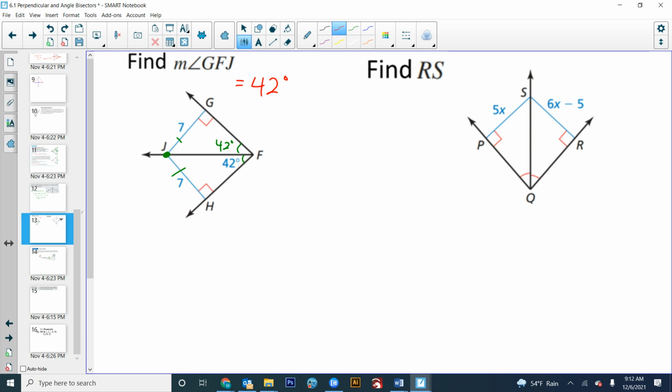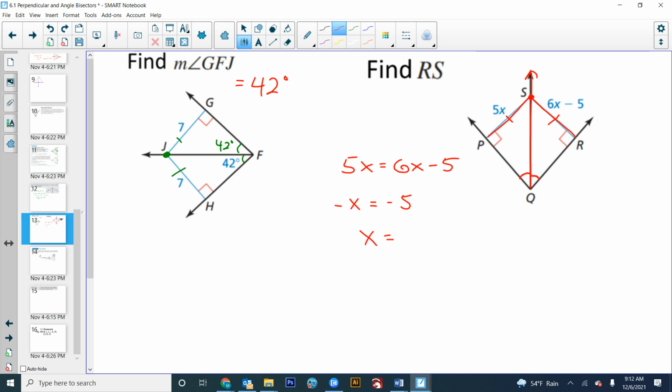Next one. Oh, look. This angle has been cut in half. Therefore, S is on the angle bisector. Therefore, S is equidistant to the sides. So we're going to set 5x equal to 6x minus 5. Subtract 6x, we get negative x equals negative 5.